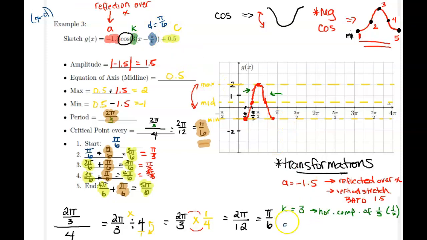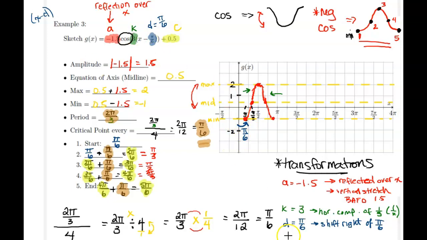My d being pi over 6 implies a shift right of pi over 6, which we did. We've shifted from 0 over to the right by pi over 6. Good so far.